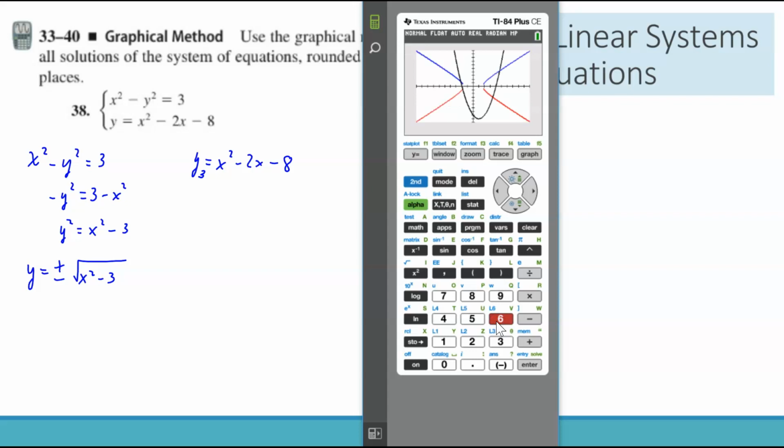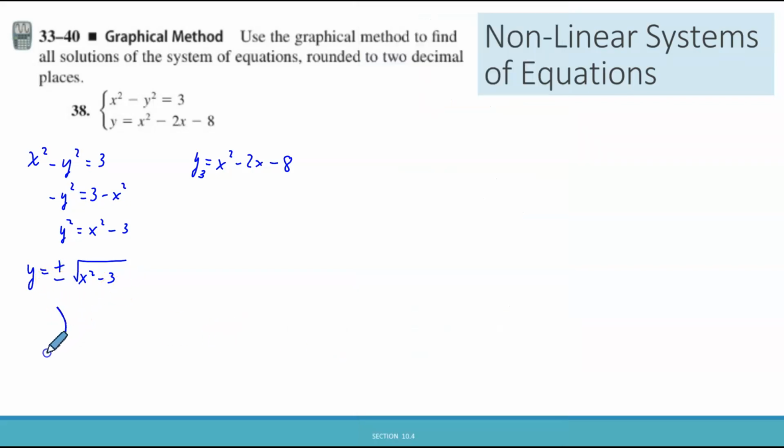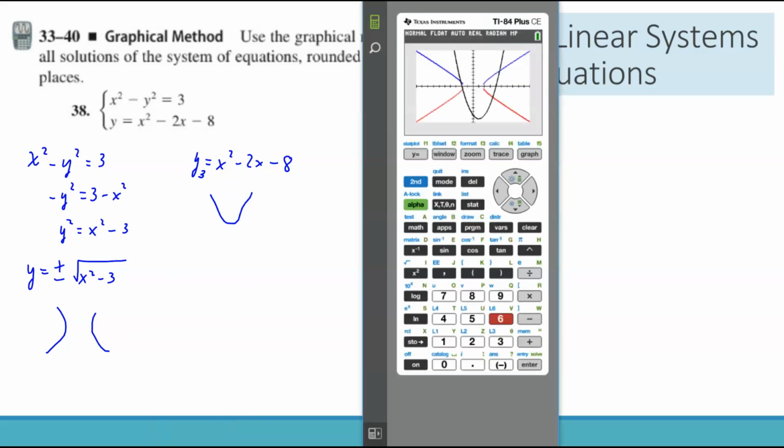And there's our graph. Okay, so what we see here is the graph that looks like this, and then this is the graph that looks like this, all in one graph. So how many intersection points are we going to look for? We have one here, we have one here. So there's 2 solutions, 2 intersect points.